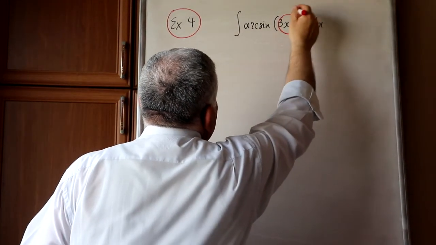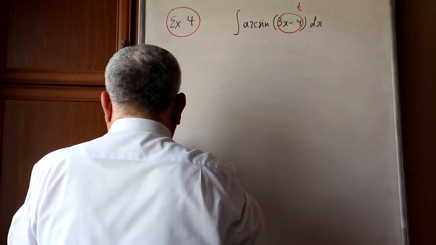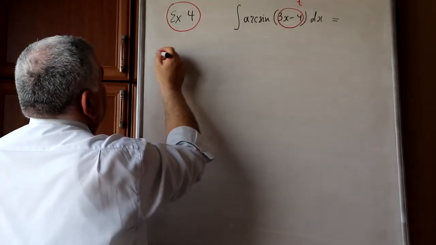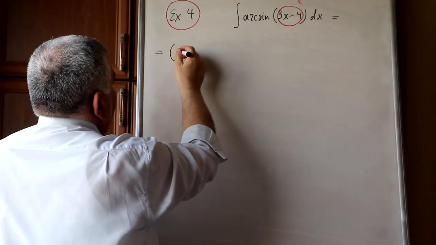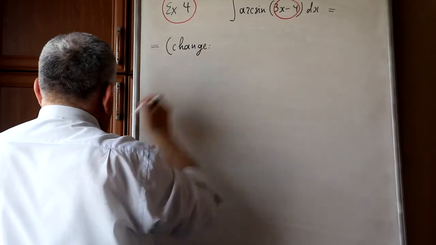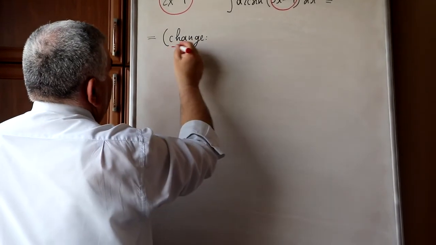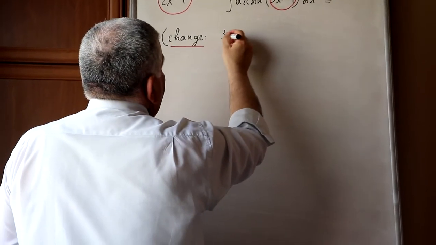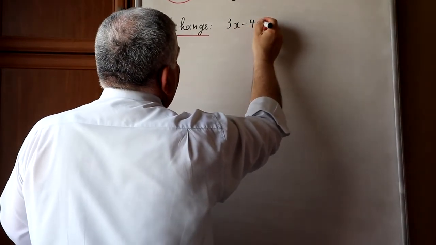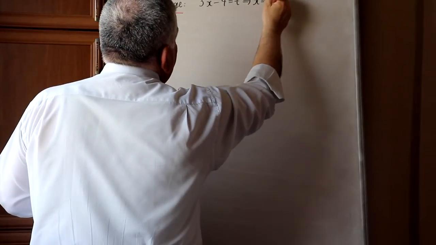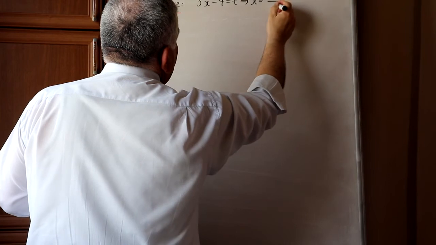Let 3x minus 4 be t, and x equals t plus 4 over 3.